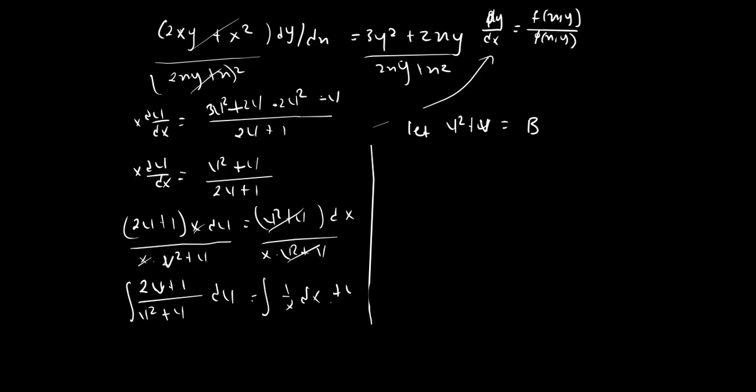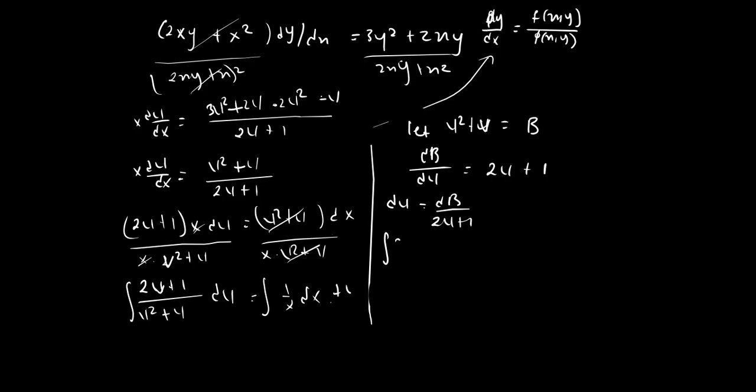I don't want to use u so that it is not confusing. So then db/dv is equal to 2v plus 1, and then we'll make dv the subject of the relation. So dv is equal to db over (2v plus 1), and then we can substitute back into the equation.